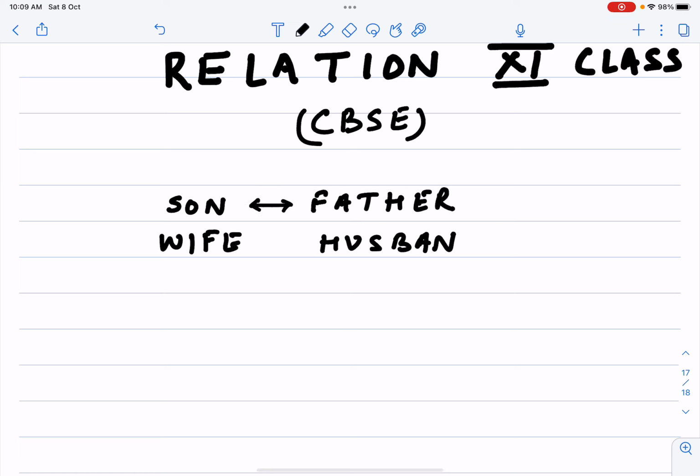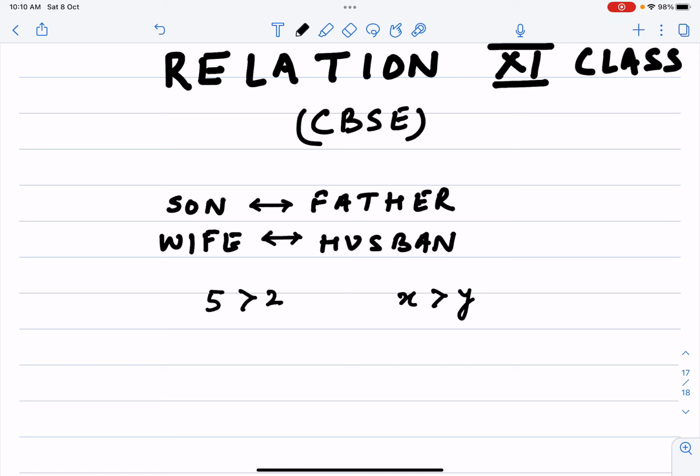Similarly, in mathematics we have relations, and those relations are between any two objects or two numbers. There are different types of relations in mathematics. For example, there is a number 5. This is greater than 2, or I can write x is greater than y.